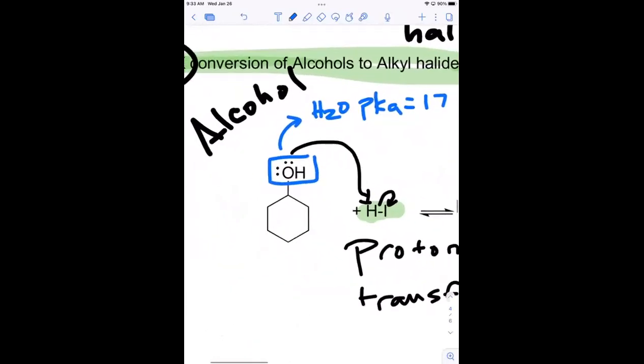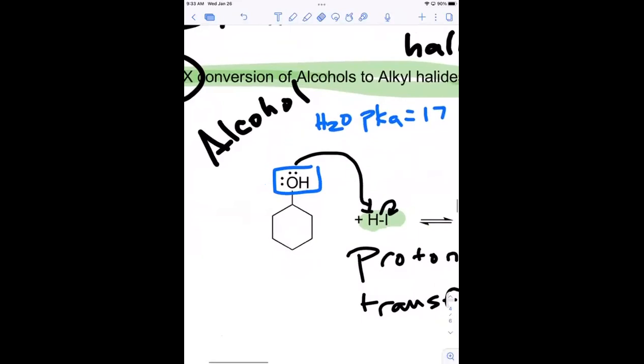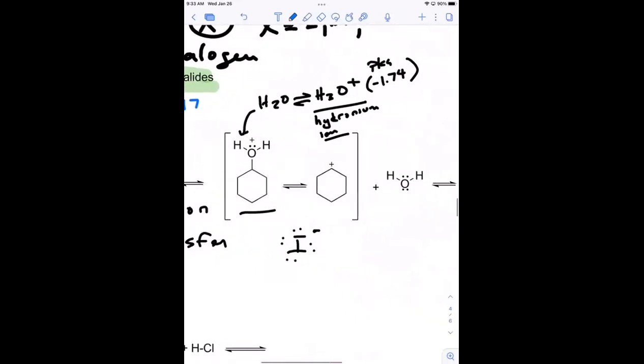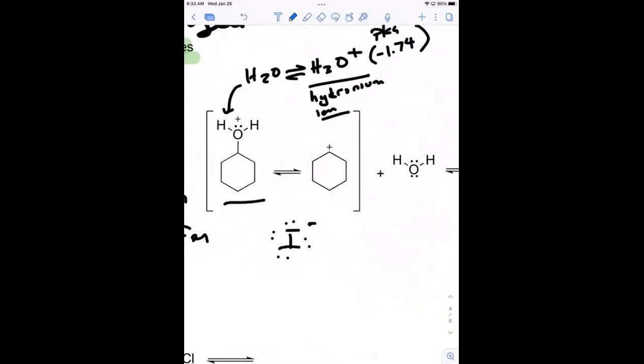Let me put this over here too. All right, now we need to make that carbocation intermediate. How do we do that? This is the rate determining step right here.